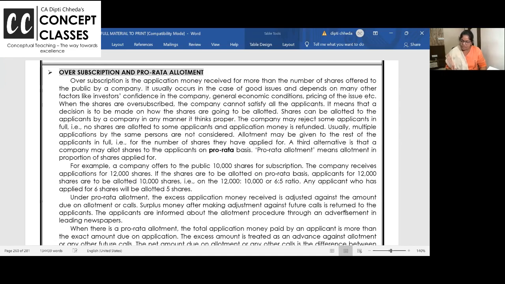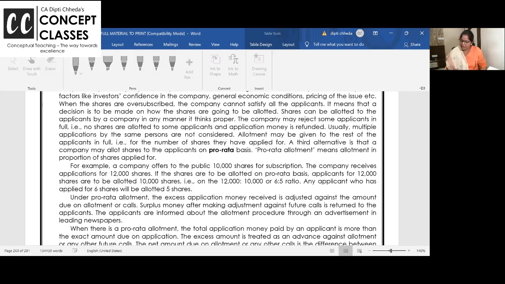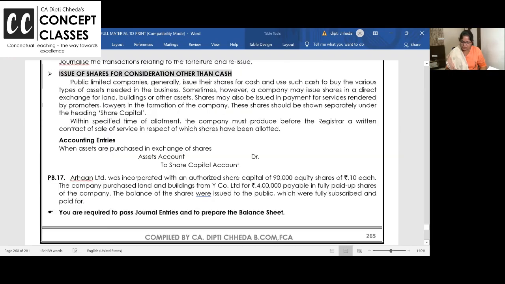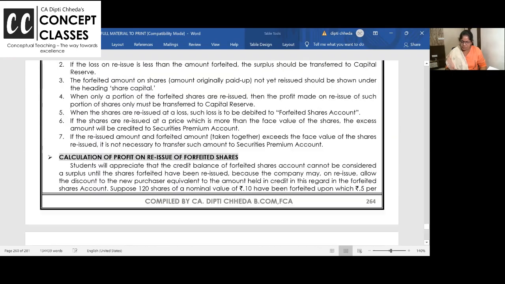It means decision is to be made on how shares are allotted. Shares can be allotted to applicant by company as they may think, they may reject. Okay, one option. Outrightly, they may reject. That is one option.